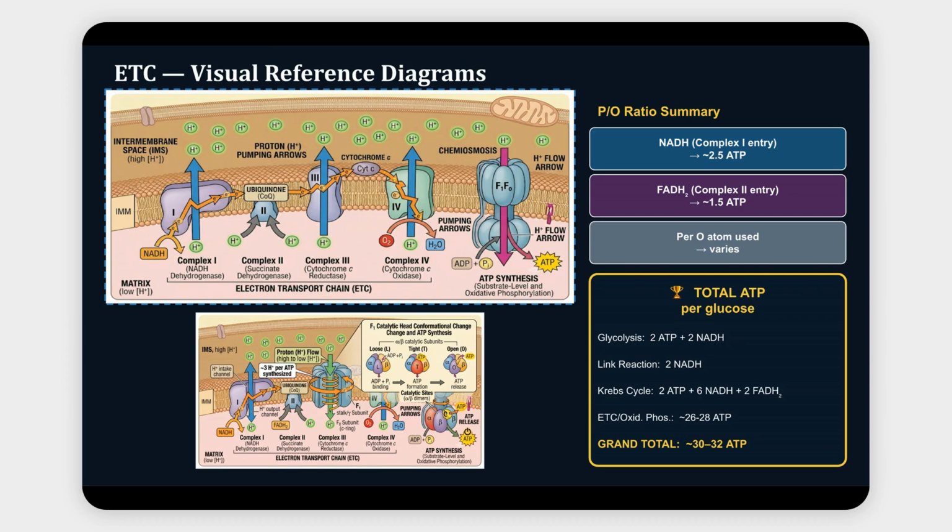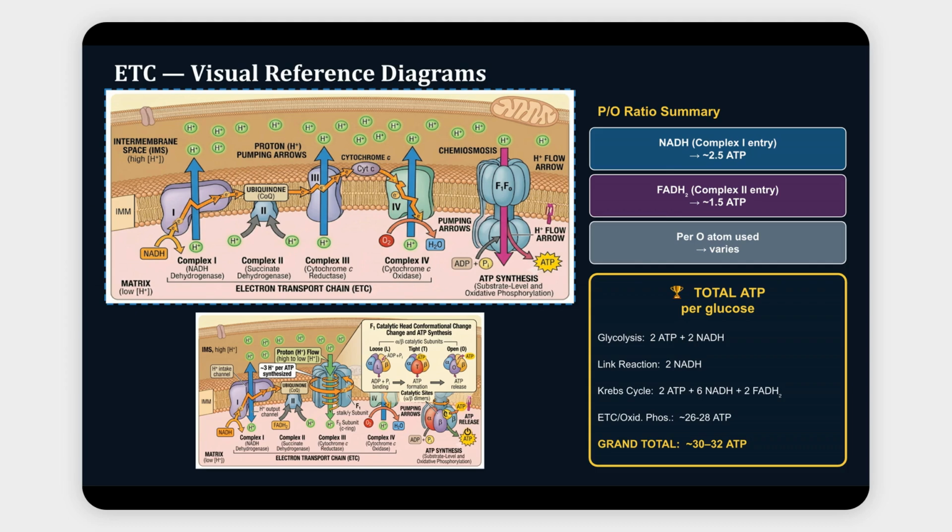From the Krebs cycle, we have 2 ATP at substrate level and 6 NADH, giving 2.5 each, making a total of 15 ATP. 2 FADH, giving us 1.5 each, giving us 3 more ATP, giving us a total of 20 ATP from the Krebs cycle.